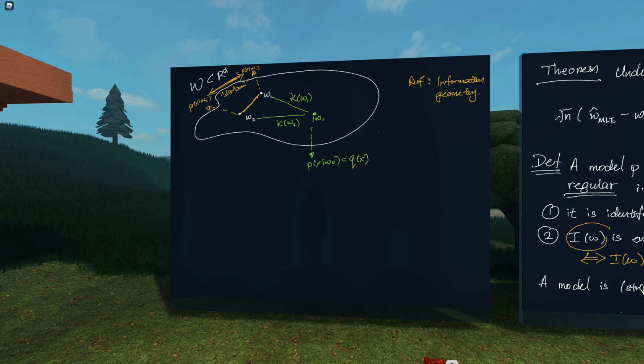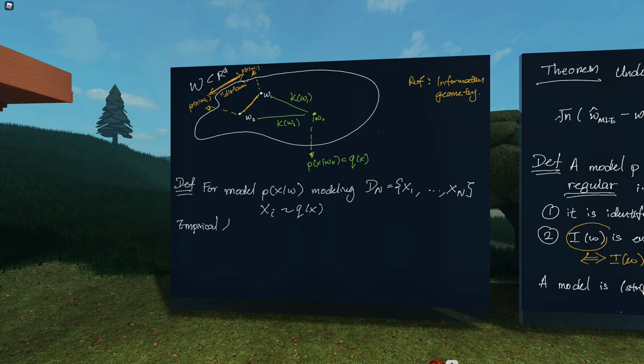I should also introduce, while we are at it, for a given model that is modeling observations that are generated from a true distribution Q of X, we define the empirical log likelihood ratio.